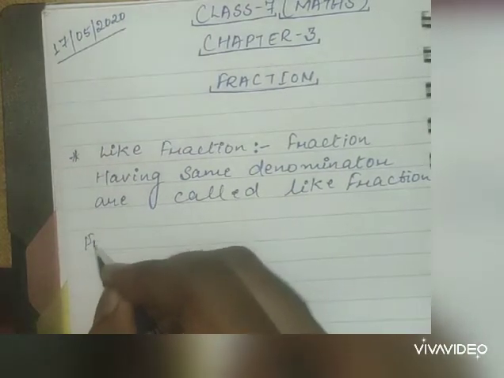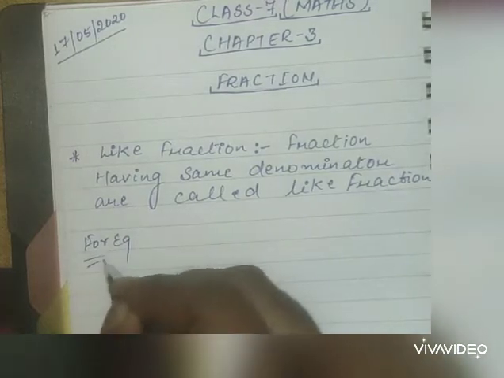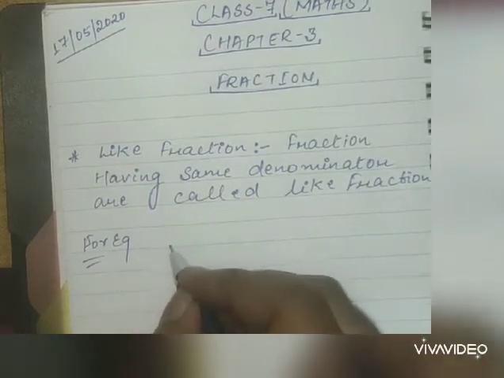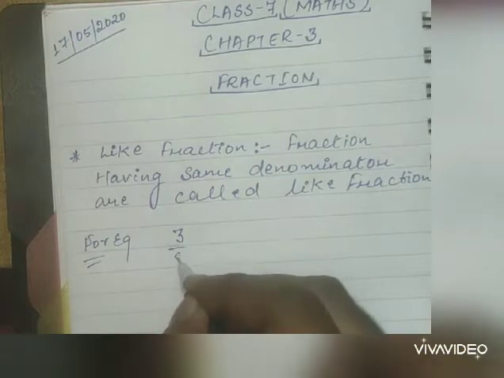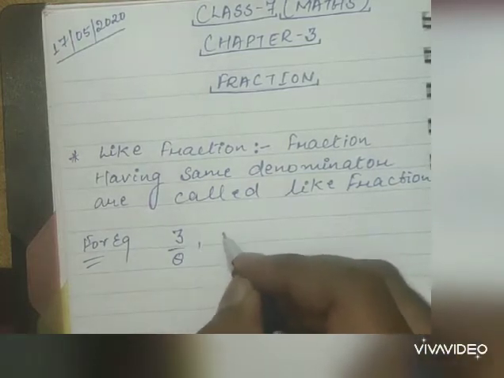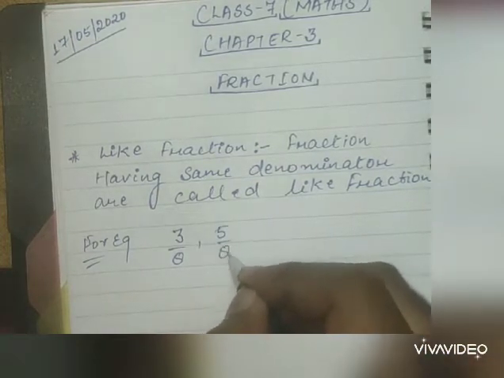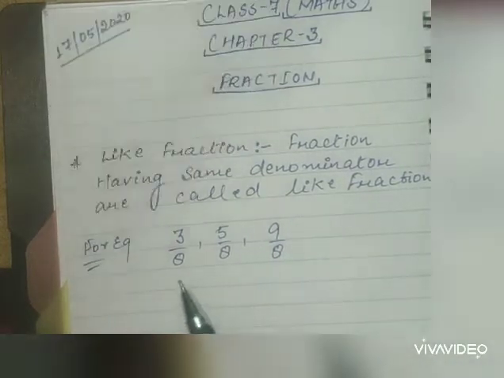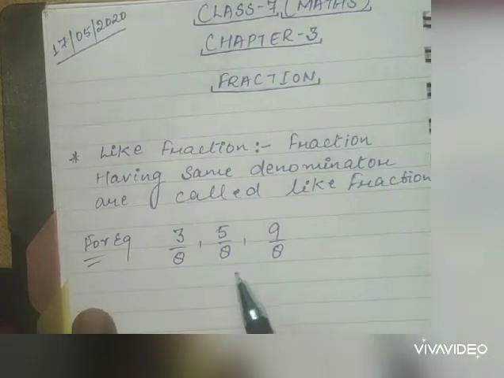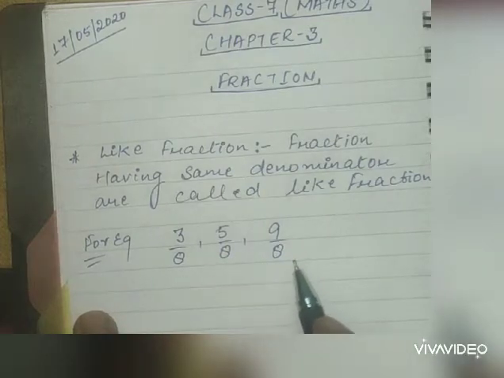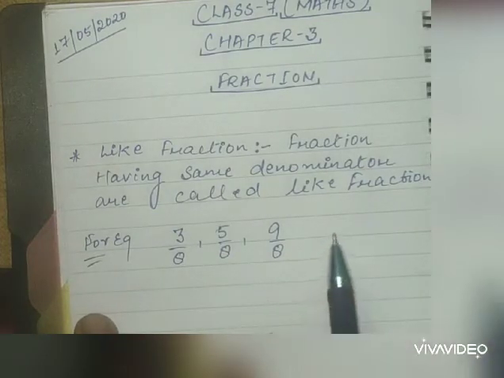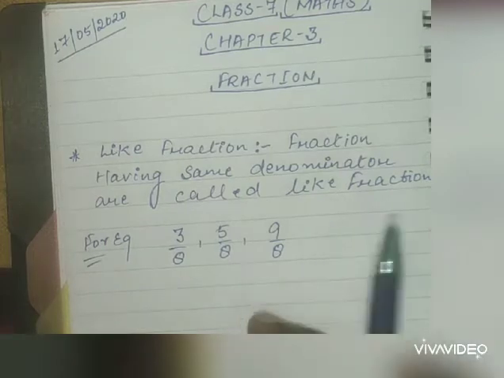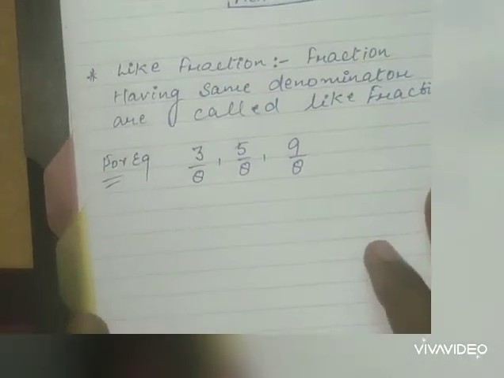For example, suppose 3 upon 8, 5 upon 8 and 9 upon 8. As you can see over here, these three fractions have the same denominator, and that is 8, 8 and 8. Okay, so I hope it is clear what is the like fraction.